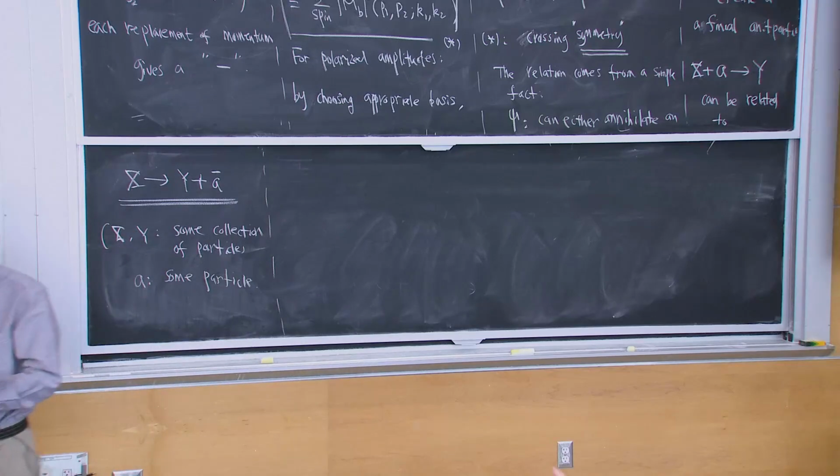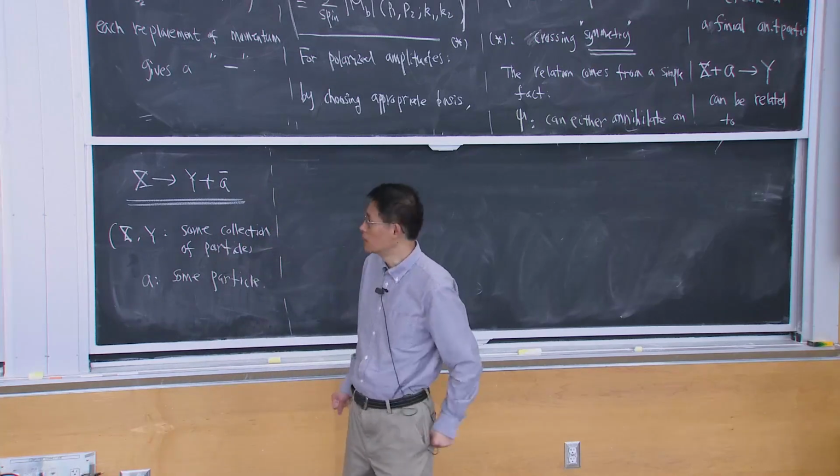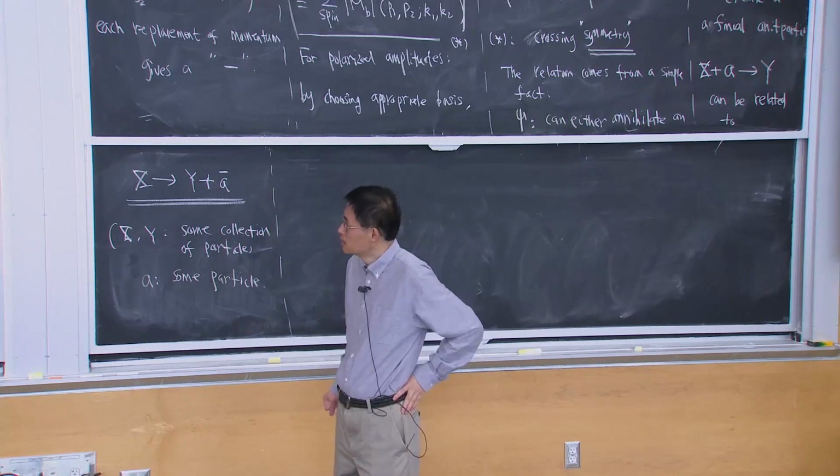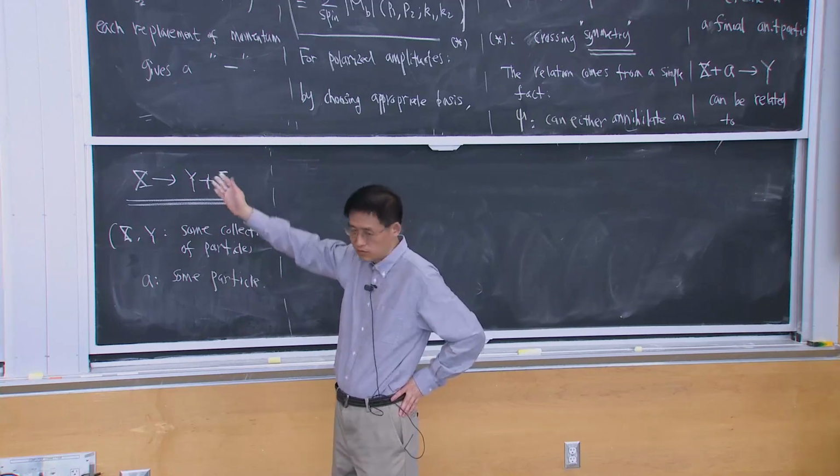Good. Any questions on this? Yes. Yeah, e minus or mu, you have one field for e, and one field for mu.